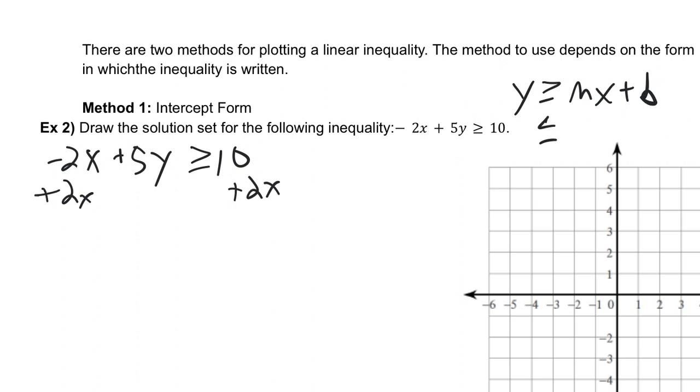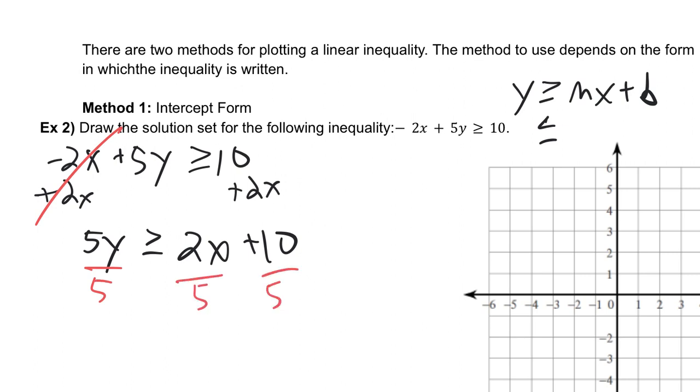If you are not sure how to rearrange equations, then you need to talk to me, okay? So add 2x to both sides. We end up with 5y greater than or equal to 2x plus 10. I'm going to divide by 5.